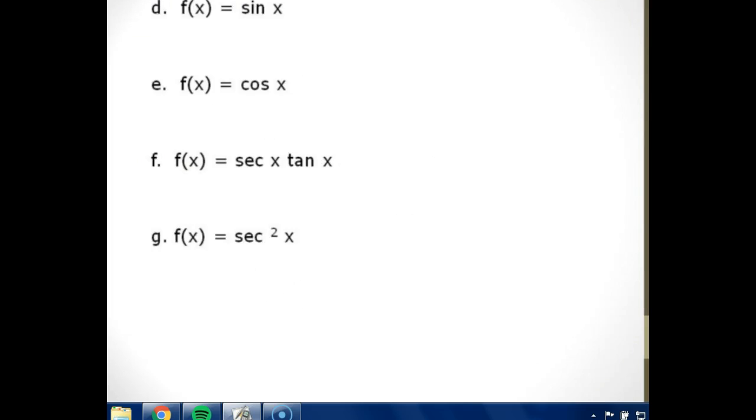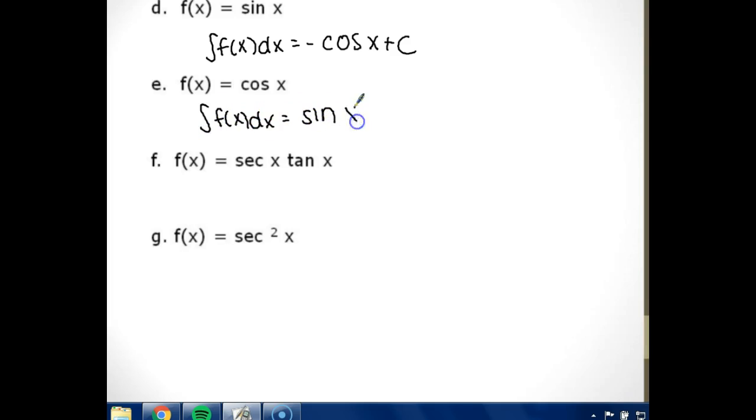Okay, letter D. Antiderivative of sine is? Antiderivative of cosine. Antiderivative of secant tan.